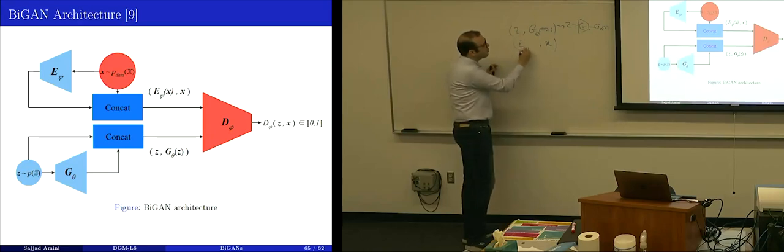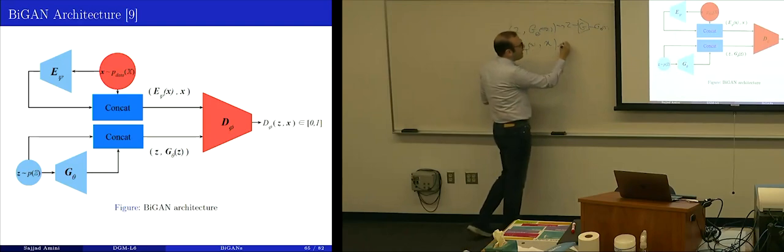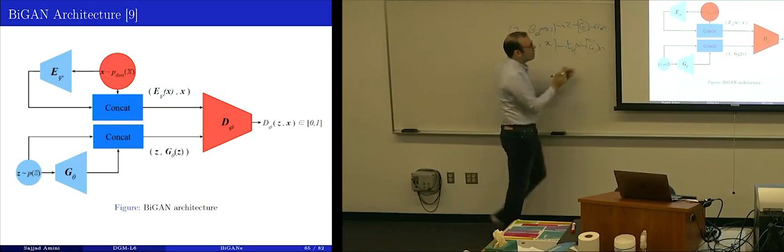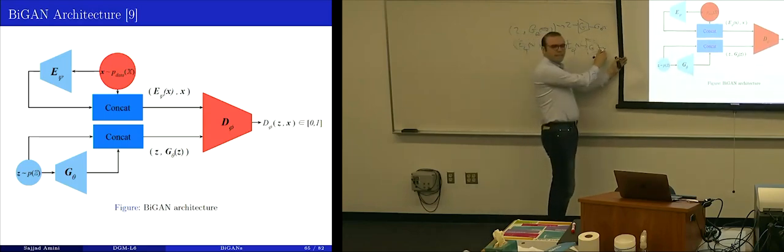It means that if it outputs E psi of X here, and you input E psi of X into a generator, what will happen? What do we expect to see in the output?